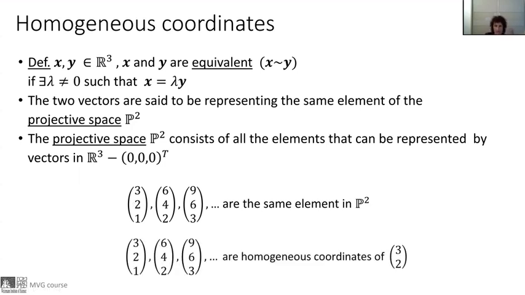And we also say that all these elements are the homogeneous coordinates of the point (3, 2) in R2. Why? Because if I take this vector and divide it by 2, I get exactly this vector. And if I take this vector and divide it by 3, the third coordinate, I get back this vector.